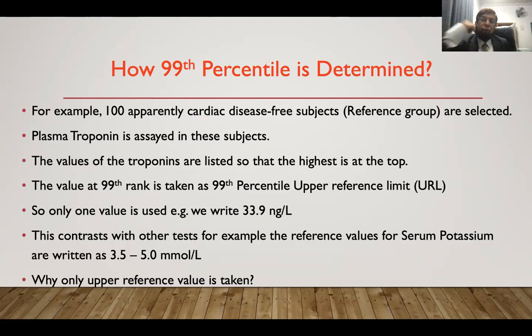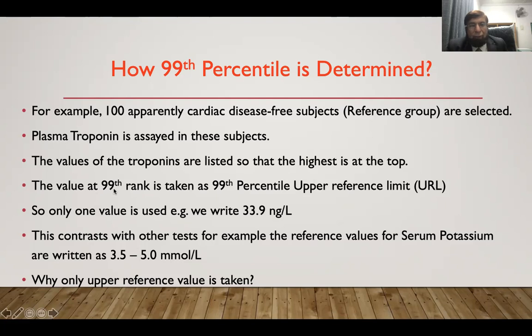How is the 99 percentile determined? I hope you know it, but for those who have no clue, it is very important that it is determined in disease-free subjects, which we call the reference group. So plasma troponin is assayed in these subjects, and the values of troponins are listed so that the highest is at the top.